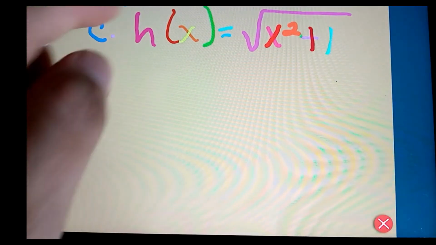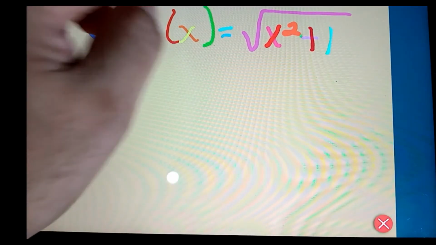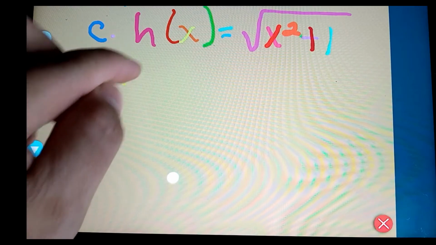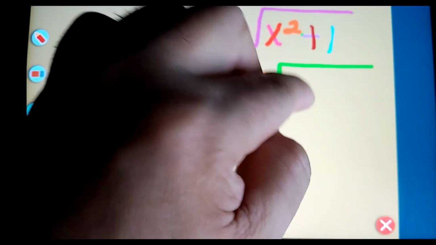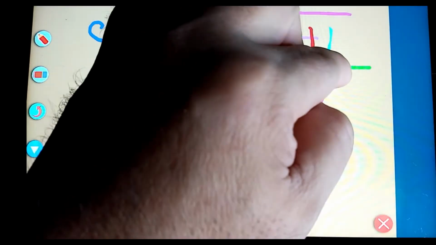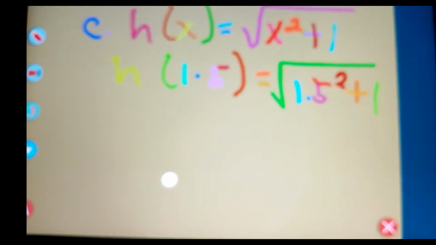So x is 1.5, so we have h of 1.5 equals square root of 1.5 squared plus 1.